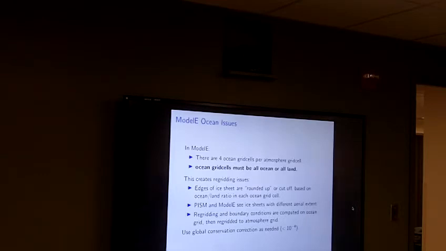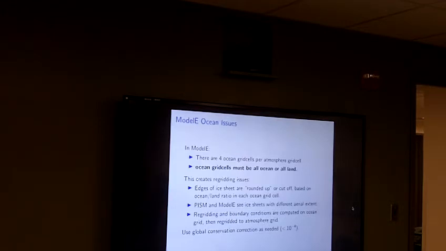here's the problem. If you have an ocean grid cell like this, and here's your ice grid, and your ice model decides that this is the extent of the ice sheet. Well, then the ice model says there's ice here, and then the GCM says, well, we can either be all land or all water, and there's not much land in this grid, so it needs to be all water.